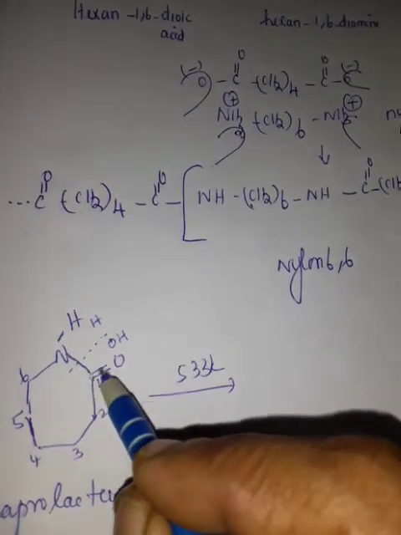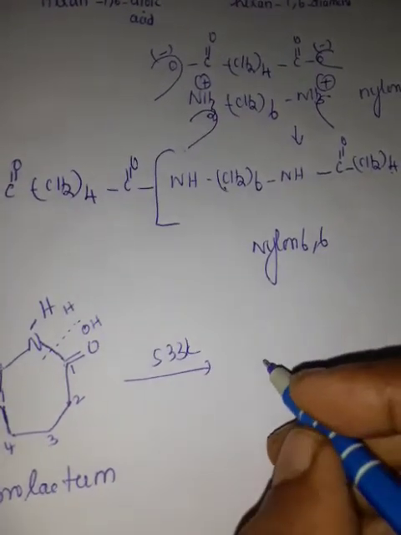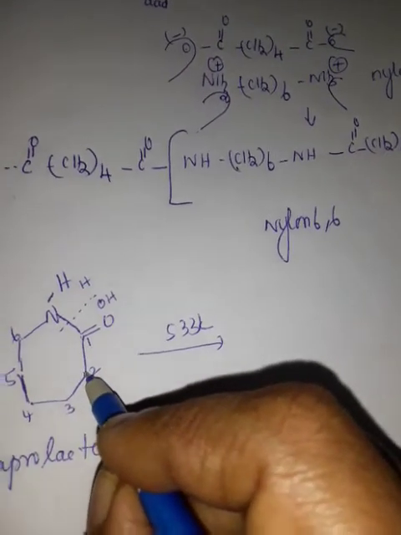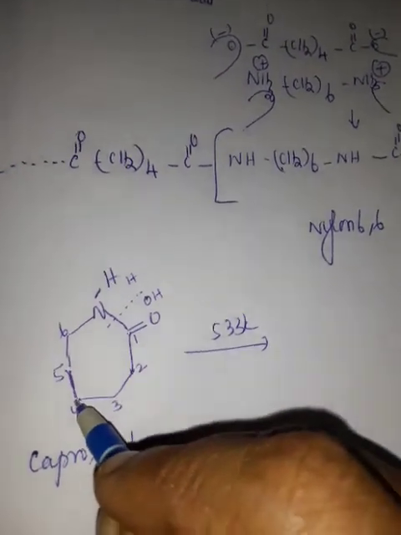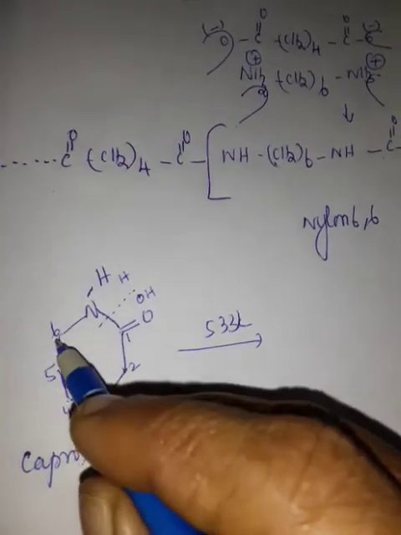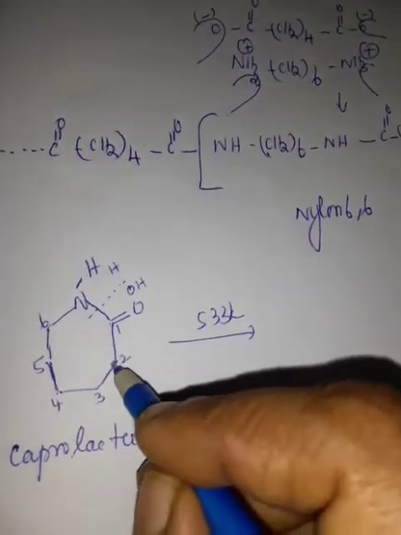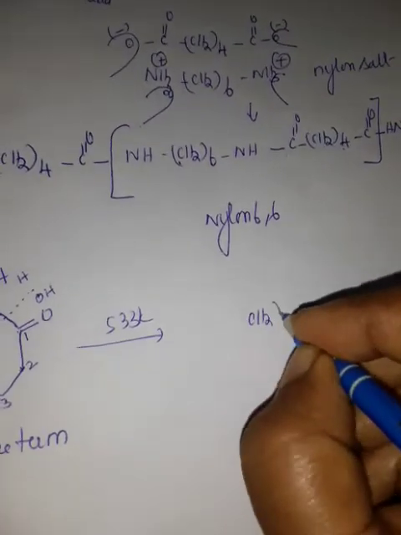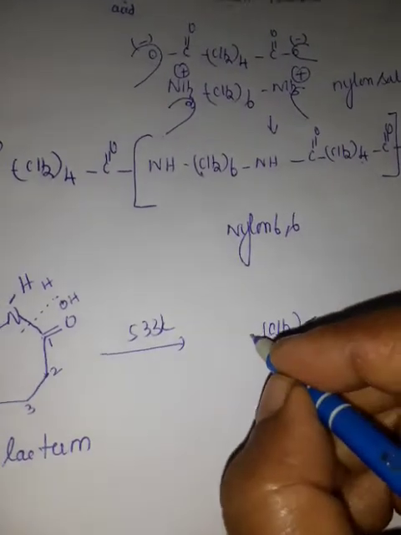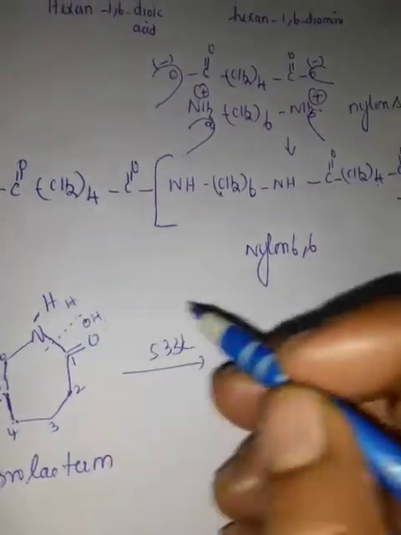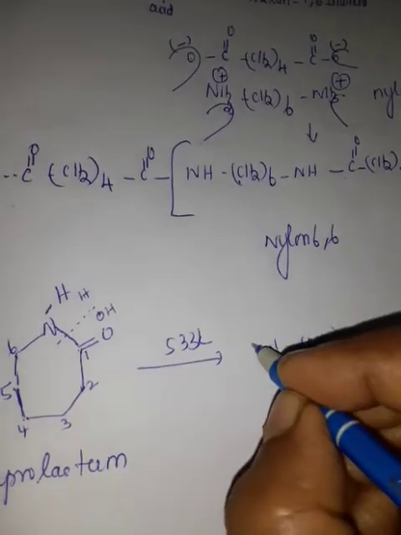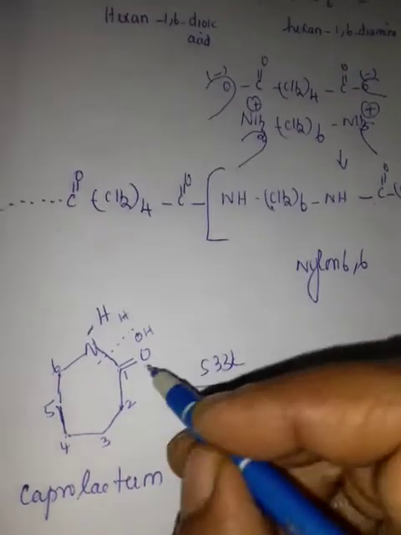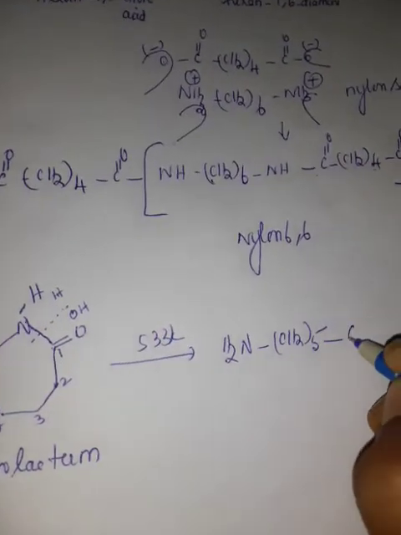This is COOH and this is CH2, CH2, CH2, CH2, CH2, 5 CH2, so CH2 5 times, NH2, and COOH.